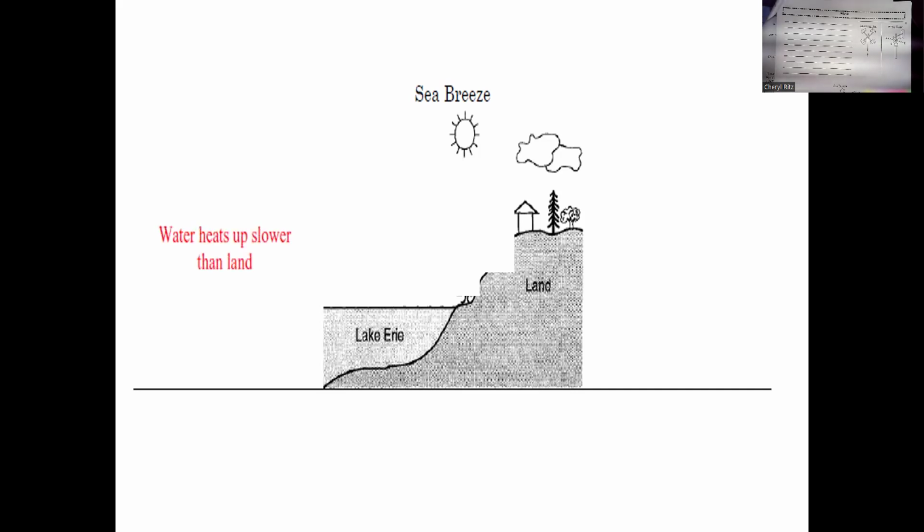So we're going to start off with, I guess I started with the water. The water heats up slower than the land. Sorry, I know this is little. Can you guys add these bullets though? It says water heats up slower than land.